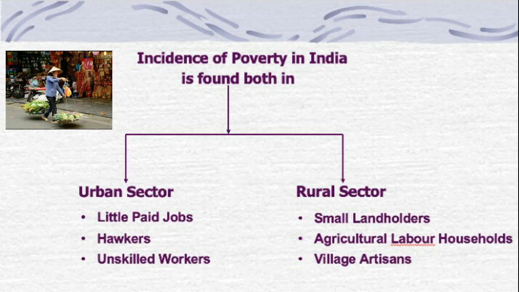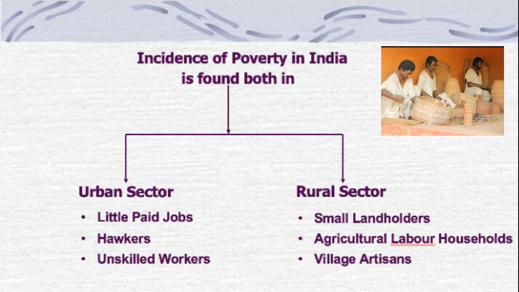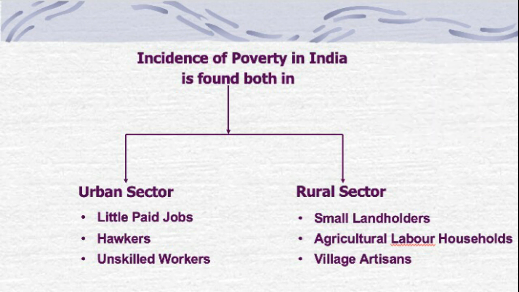Incidence of poverty in India is found both in the urban sector as well as the rural sector. A few examples for the urban sector are little paid jobs, hawkers, unskilled workers. For the rural sector, small landholders, agricultural labor households, village artisans.